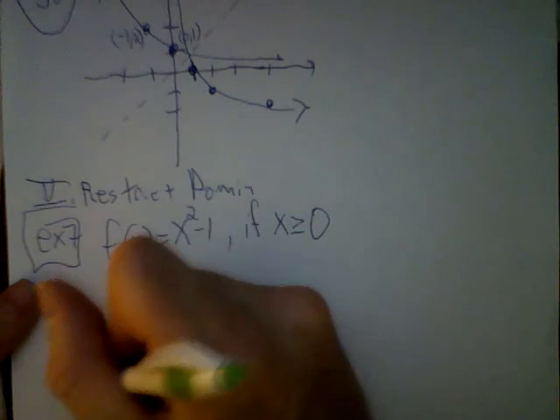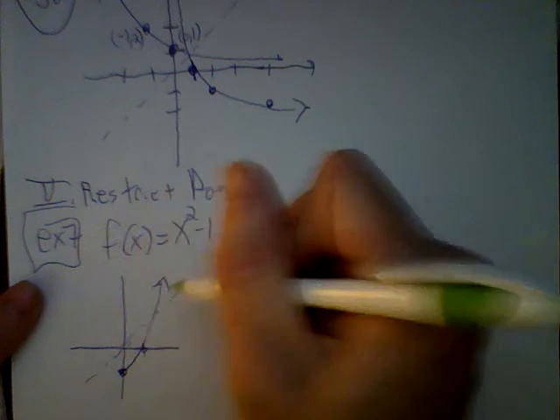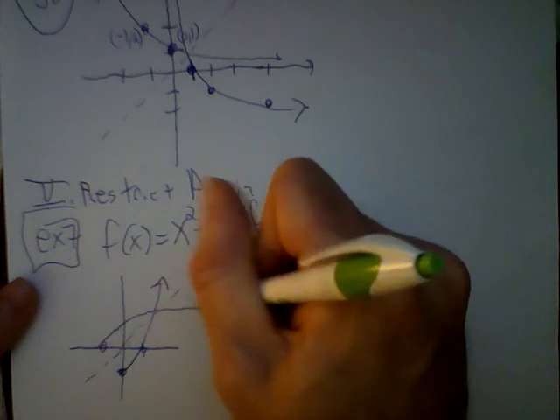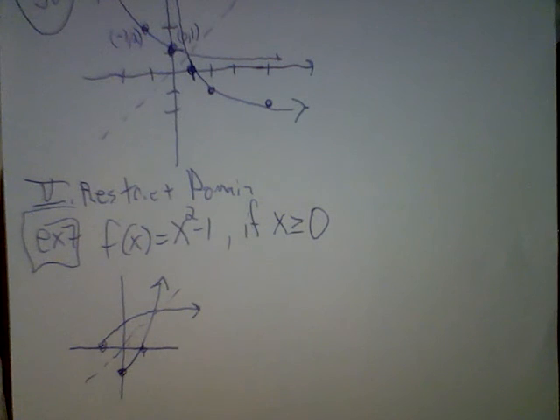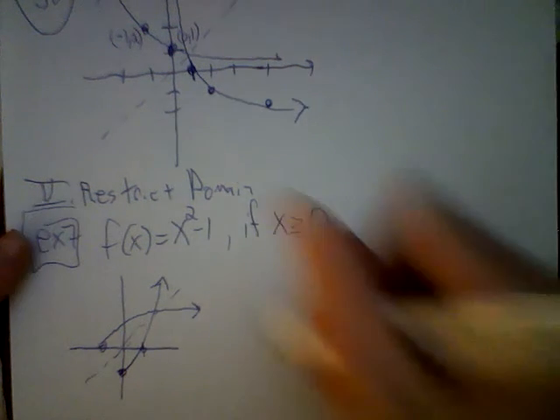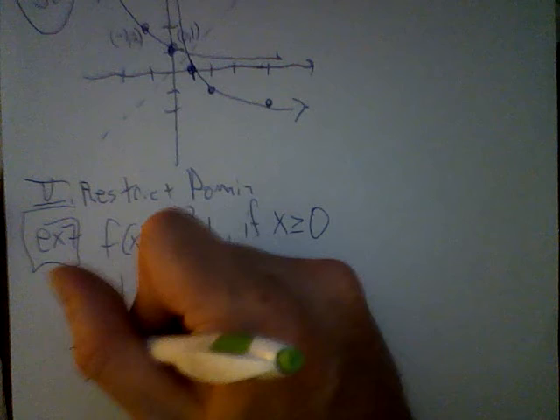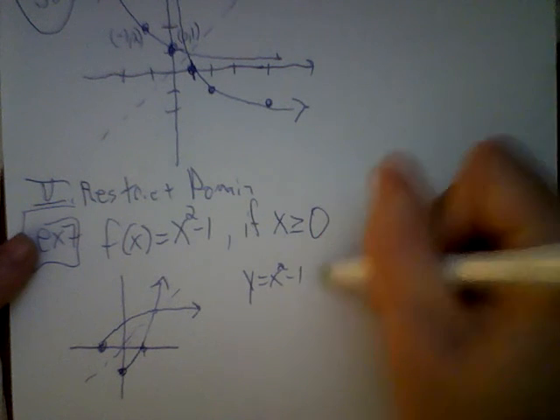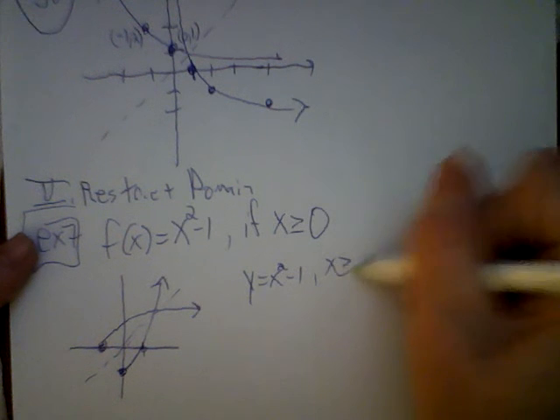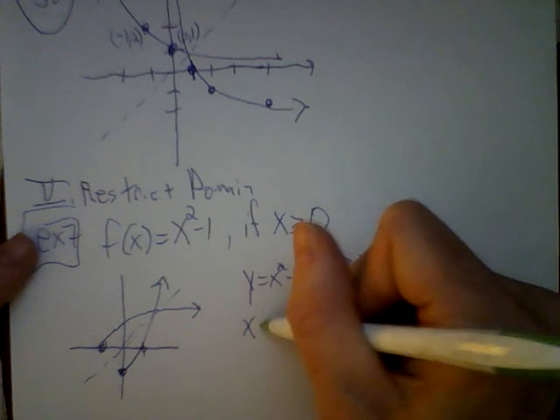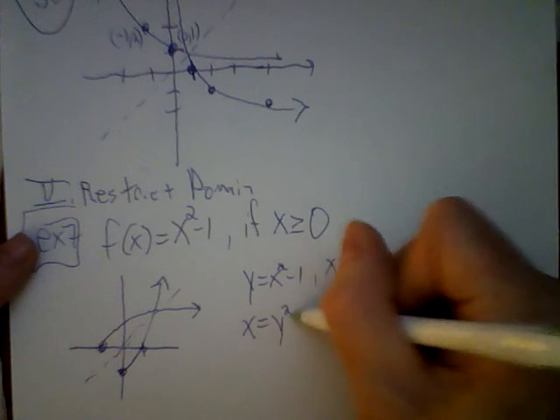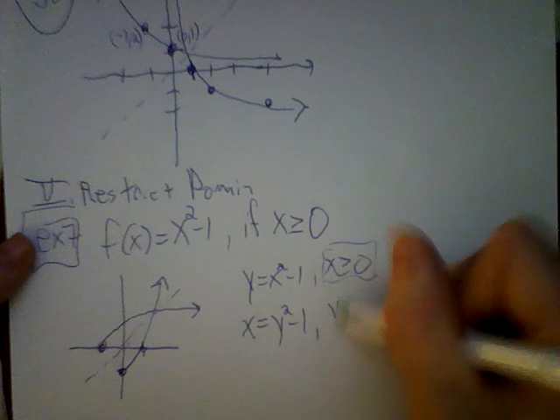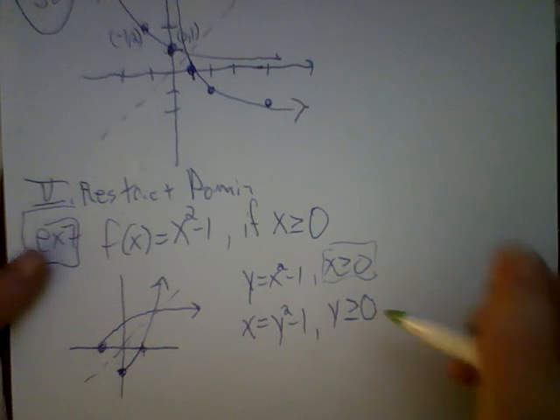And then to get the inverse, all you have to do is rotate it about the line y equals x, so you get this picture here. We also want the actual function that's associated with this, so we go y equals x squared minus 1 for x greater than or equal to 0, and then swap the variables, and you can also swap the variables on this part here, so you could say y needs to be greater than or equal to 0.